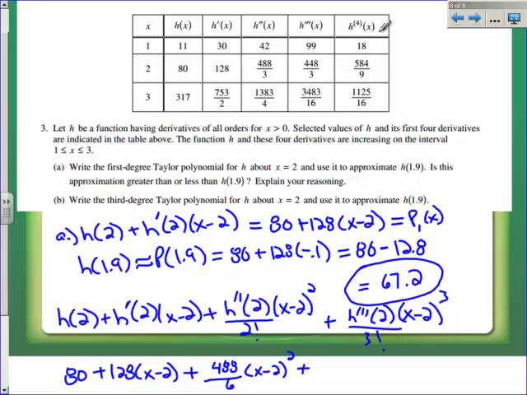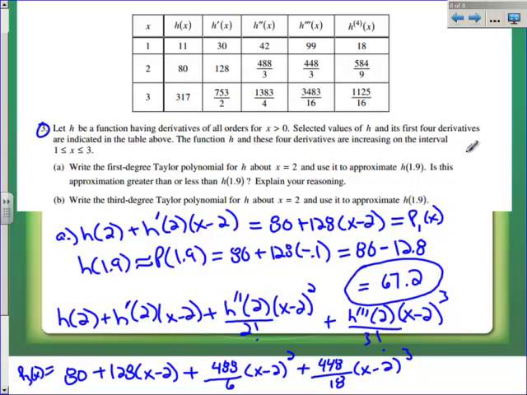And then h triple prime of 2 is 448 thirds divided by 6, which is 448 eighteenths, times x minus 2 cubed. There we go. That is the third degree Taylor polynomial. I'm not going to plug in 0.1 because I don't have my calculator here. This was a calculator question this year. But that is the third degree Taylor polynomial.